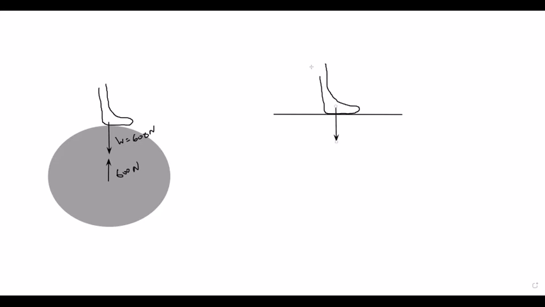So 600 Newton is the downward force, and 600 Newton will be the upward force by the surface on the object. So here the resultant force is 0. Here also the resultant force is 0. That's why the object will be at rest.